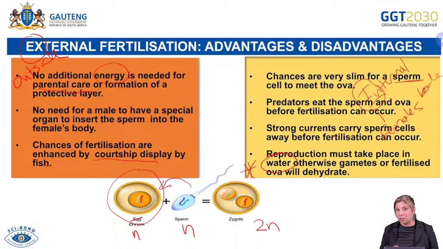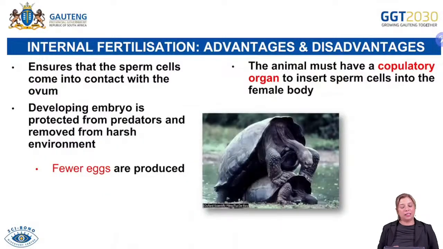Why does it need water? Because the sperm needs to swim to the ovum. So that is very, very important. Now remember, in internal fertilization, the sperm is inserted inside the female. So there is a mechanism of depositing it on the ovum. Okay, so let's move on to internal fertilization.